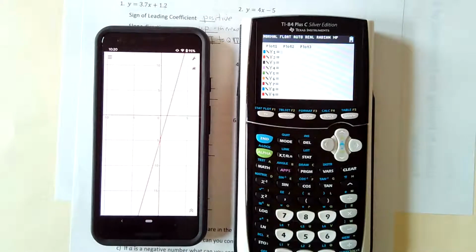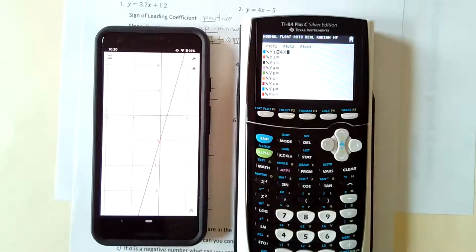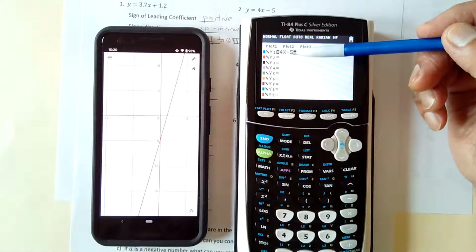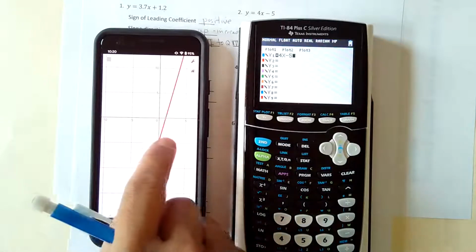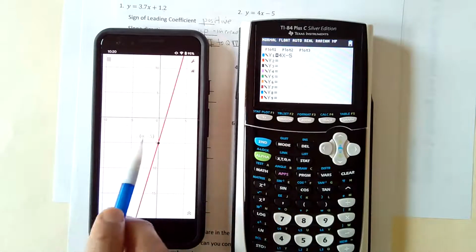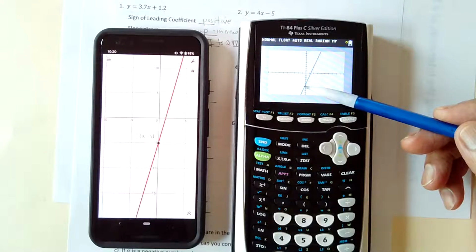So in your graphing calculator, I'll put exactly what I see there, this is your X button, plus -5. Notice this is your y-intercept, -5. As you can see from Desmos, the y-intercept is -5. X is 0, y is -5. Now I press my graph button, and notice this line crosses the y-axis at -5.